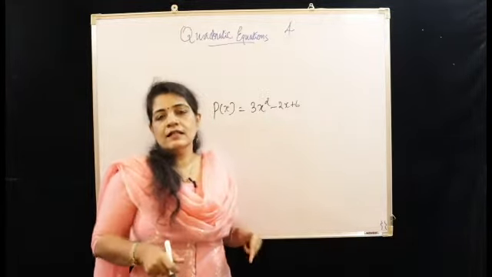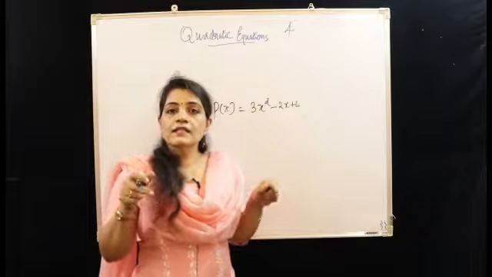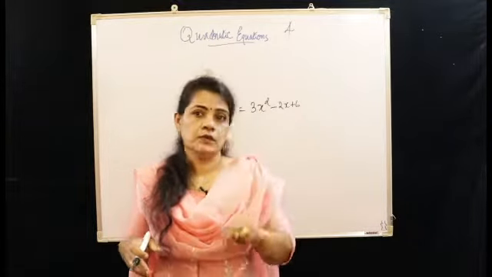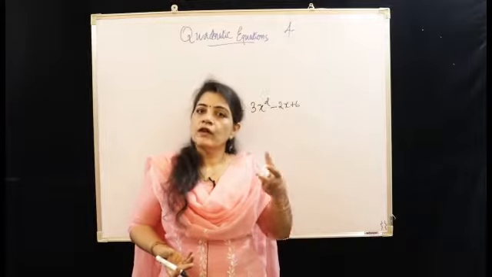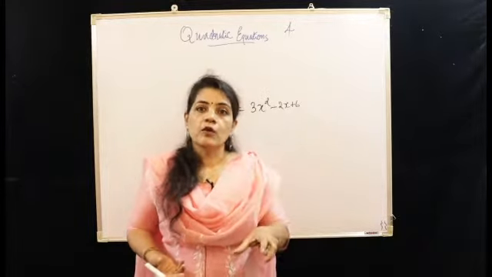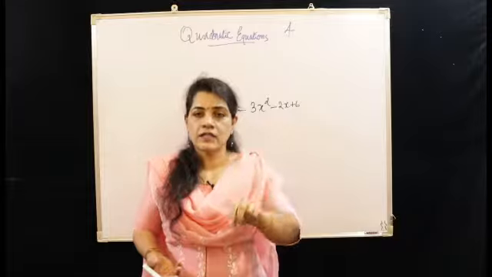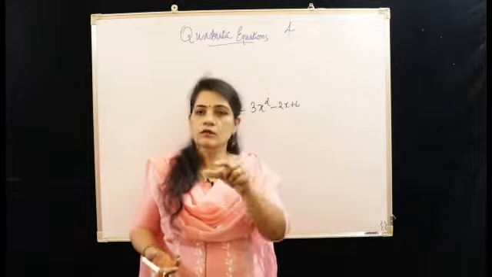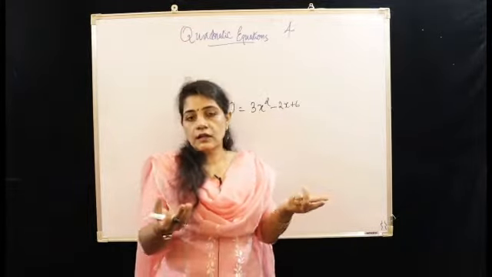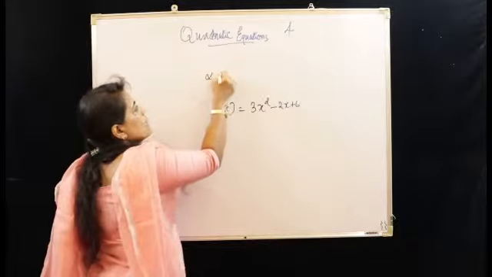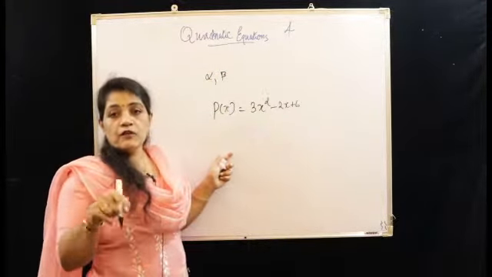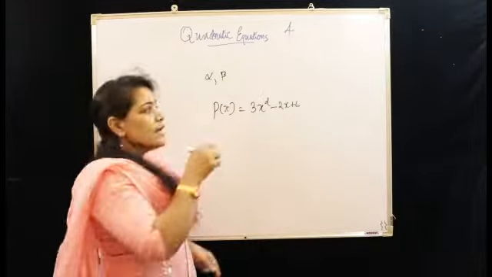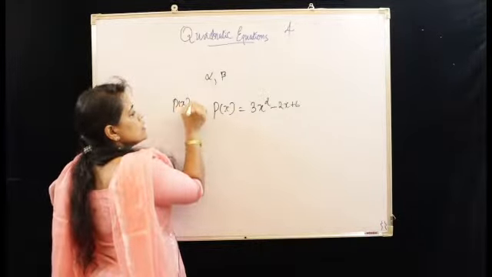For that, children, we know that a quadratic polynomial has two zeros. And how will we get the zeros of the quadratic polynomial? We have to equate the given polynomial to 0. P of x equal to 0 will give you the zeros of the polynomial. Let alpha and beta be the zeros of this polynomial p of x, and for getting that we have to equate p of x to 0.